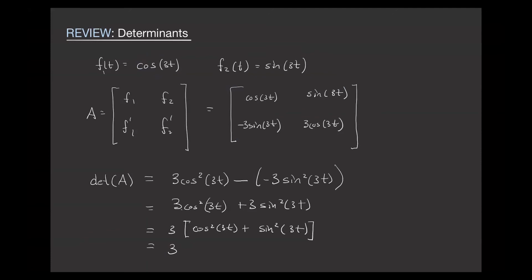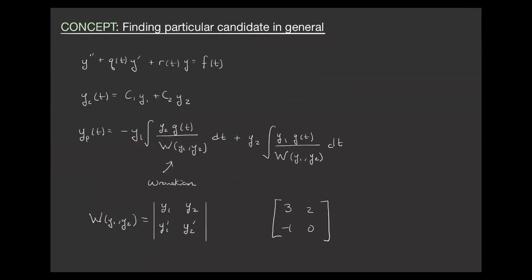So I'm going to jump back to here. So what's going on with this formula here? Well, we compute everything based on finding the solutions to the complementary solution, or finding the terms of the complementary solution. Then you've got a Wronskian to compute.